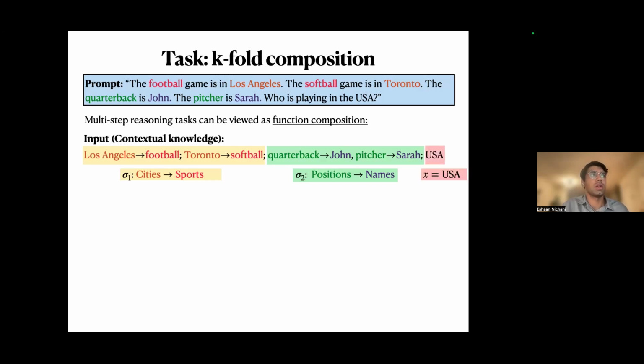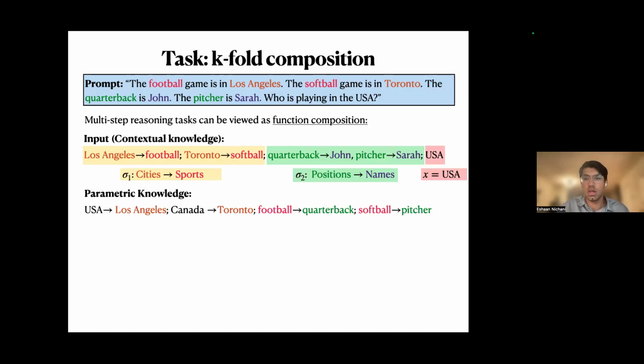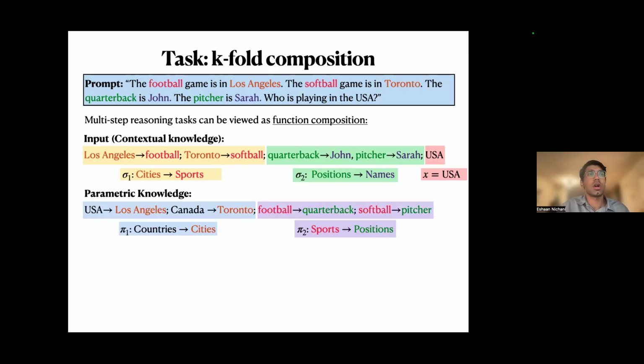The parametric knowledge can also be described by a pair of hidden functions. Pi 1, which maps countries to cities, and pi 2, which maps positions to sports. So the target function that the model must learn is, given the input sigma 1, sigma 2, and x, to output the following interleaved composition, sigma 2 of pi 2 of sigma 1 of pi 1, evaluated at the index x.